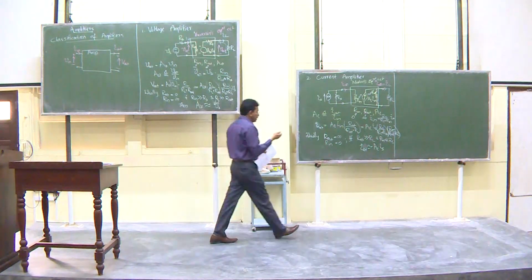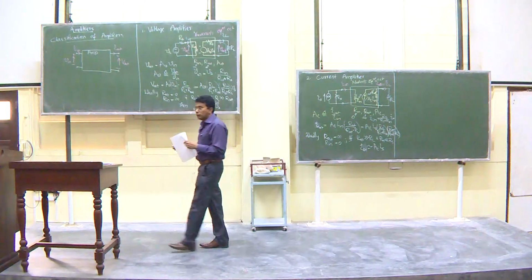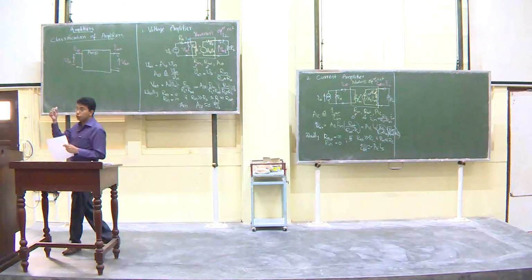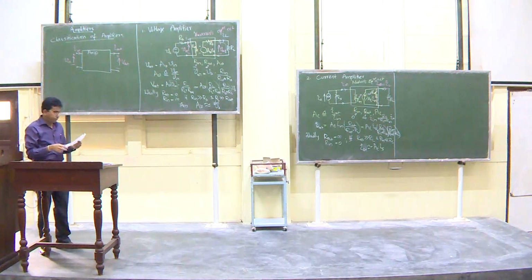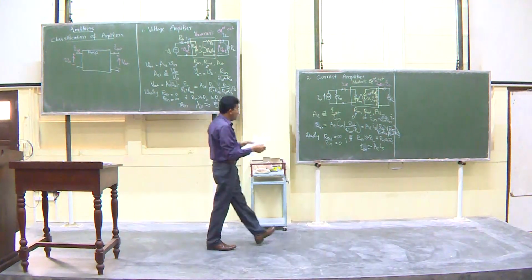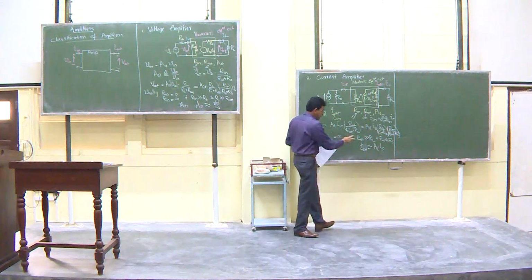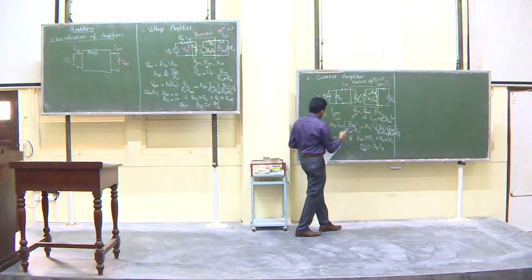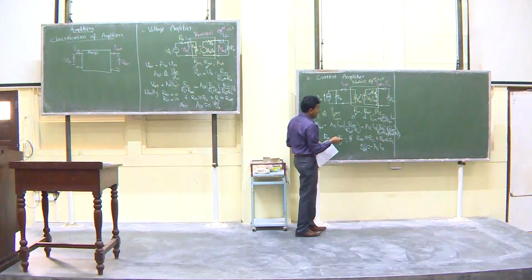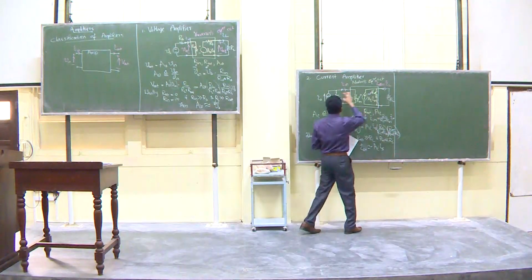We want the current source to be amplified. In order to do that, we need to ensure these two conditions. If that is the case, this AI is independent of this and that.